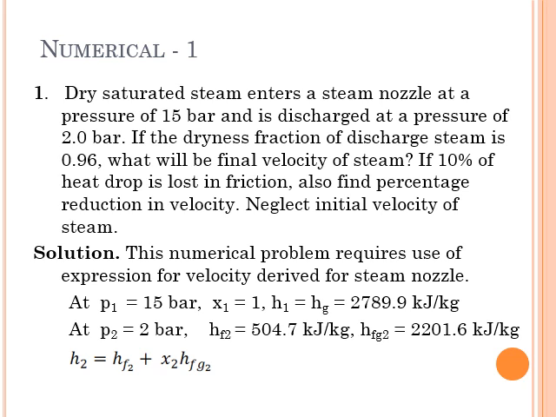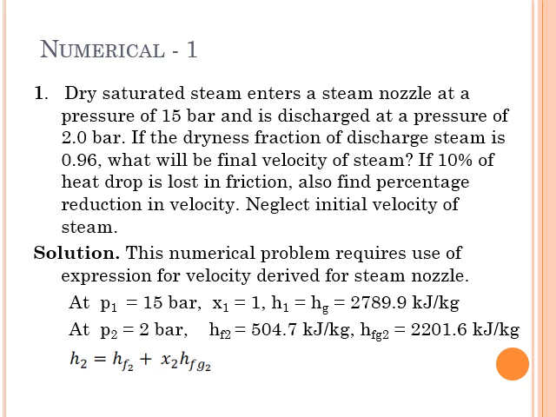Again, at the exit pressure 2 bar, we read enthalpy of saturated water HF2 as 504.7 kilojoule per kilogram and enthalpy of saturated steam HFG2 as 2201.6 kilojoule per kilogram.